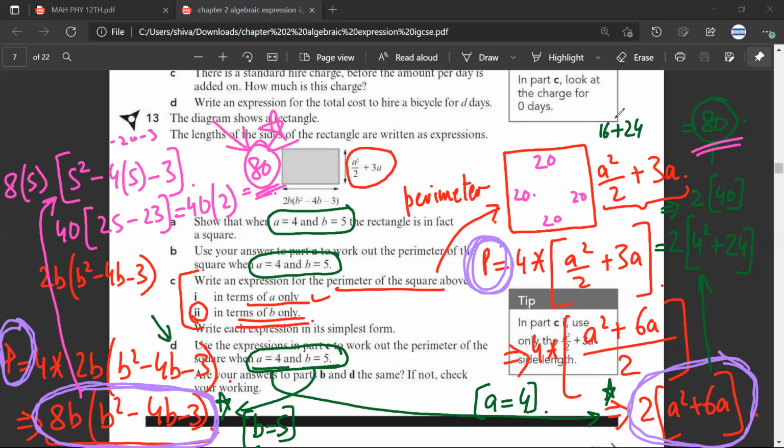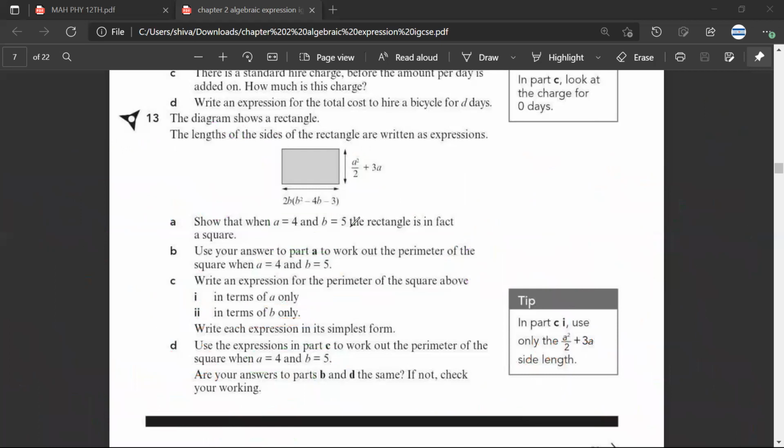Please try to understand. In the beginning only, the author has said that actually this rectangle is in fact a square. Have you understood? The author is putting a is equal to 4, b is equal to 5, a is equal to 4, b is equal to 5.